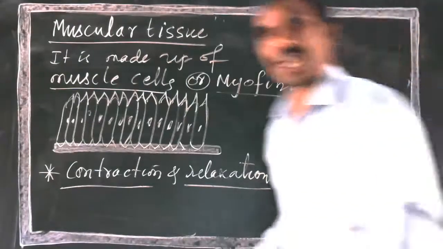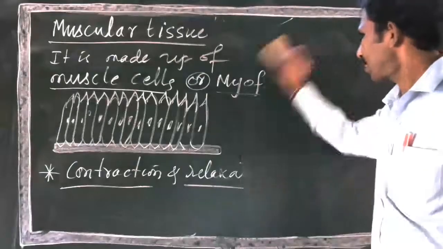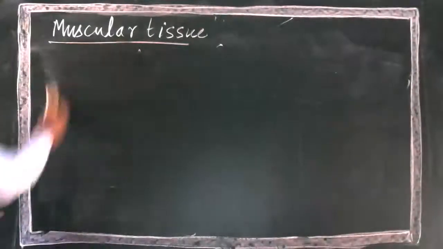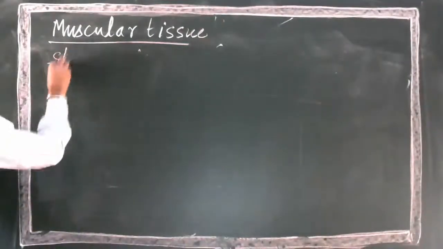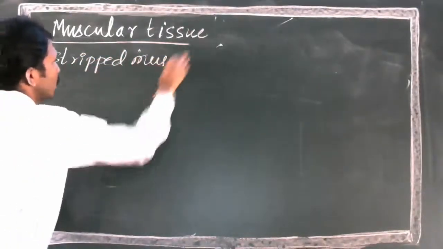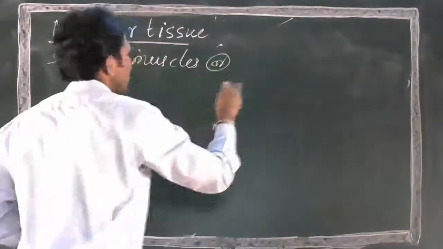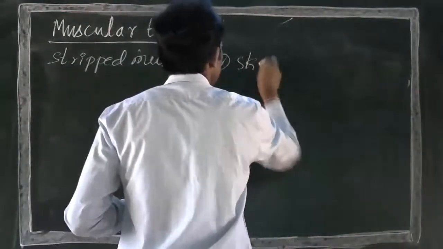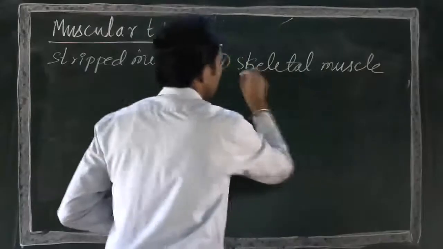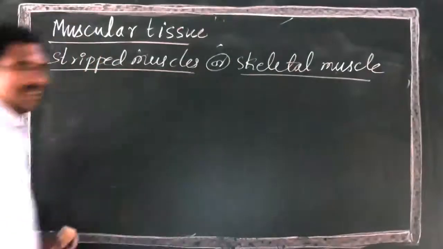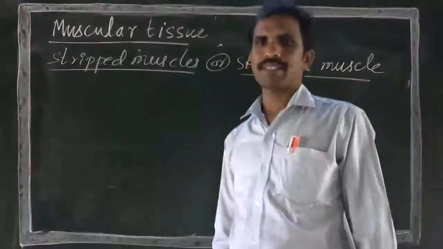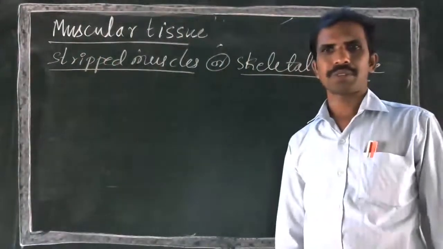In the muscular tissue there are three types. We'll move to the first type. The first type is striped muscle, or we call it skeletal muscle. Skeletal muscle, striped muscle, or striated muscle.